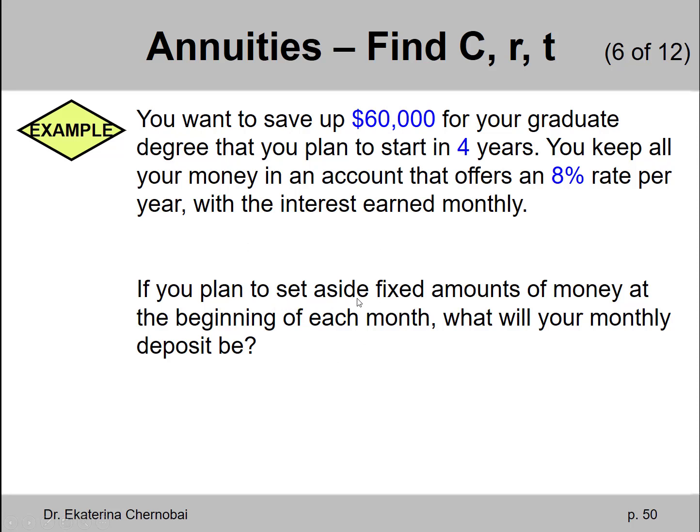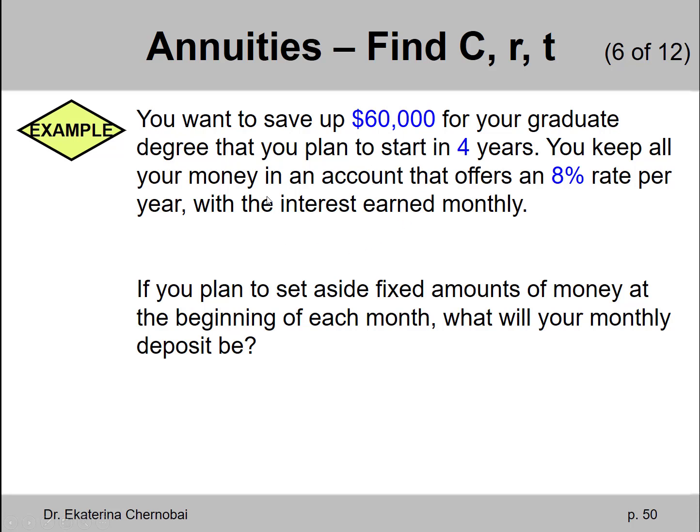You will be setting aside amounts of money at the beginning of each month. So it's something repeating monthly. There are many cash flows. So it's not like a chapter 5 type problem with one cash flow. It's chapter 6 type problem with multiple cash flows.